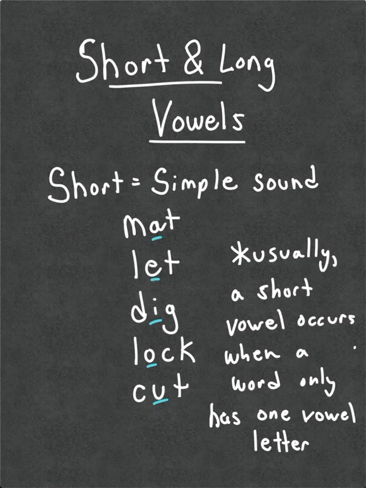So I've written some words down here: mat, let, dig, lock, cut. These are all examples of short vowels in single syllable words. And they usually occur in words that have just one vowel, because when we have words that have multiple vowels, chances are we're going to get into a long vowel.